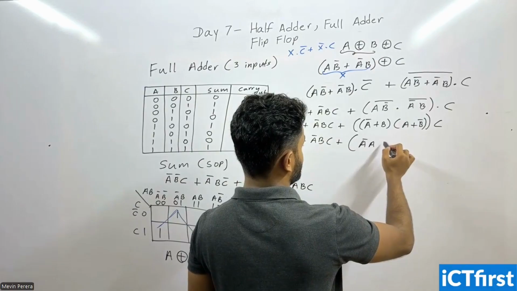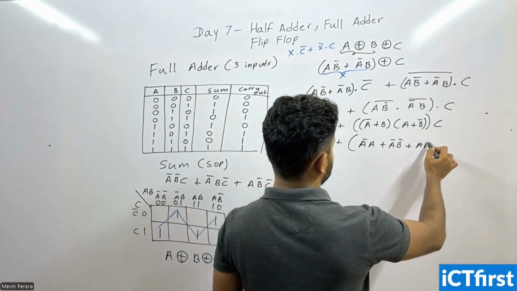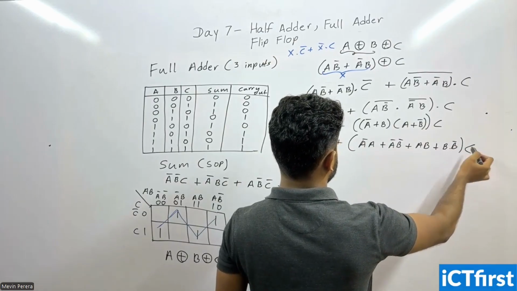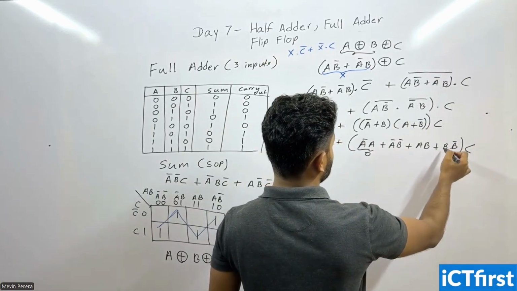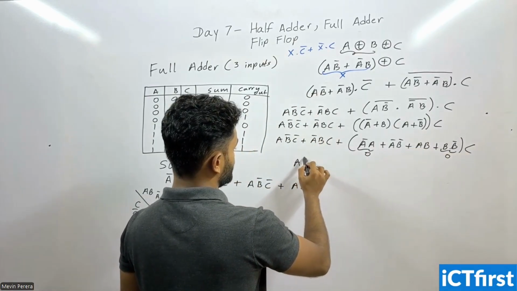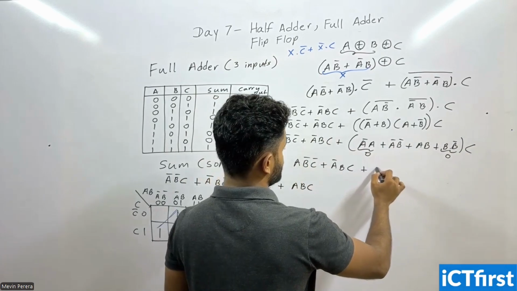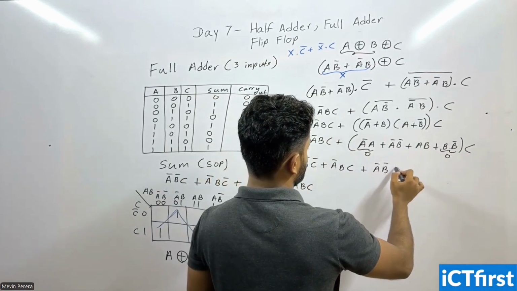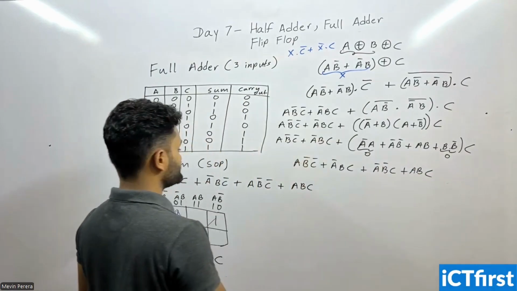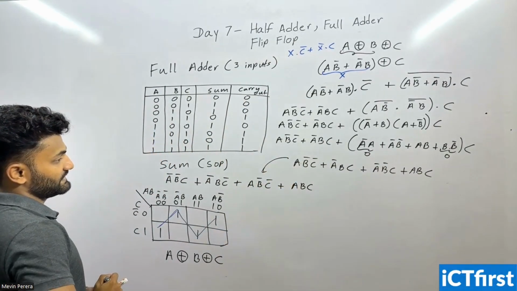A dot a plus a bar b bar plus ab plus b dot b bar and c. So this is 0. This is also 0. So finally we got a bar b bar c bar plus a bar b c plus a bar b bar c bar plus a b c. So this is the similar answer which we are getting, right?